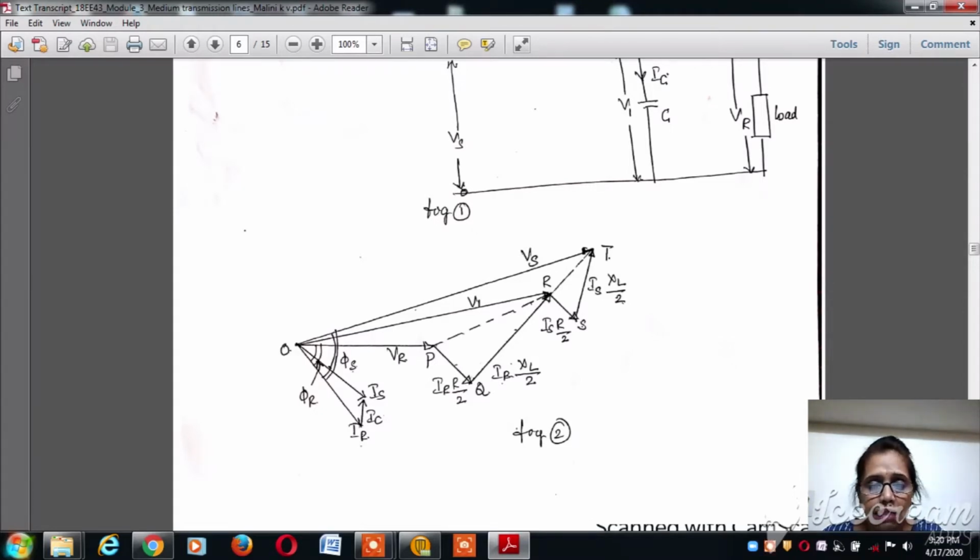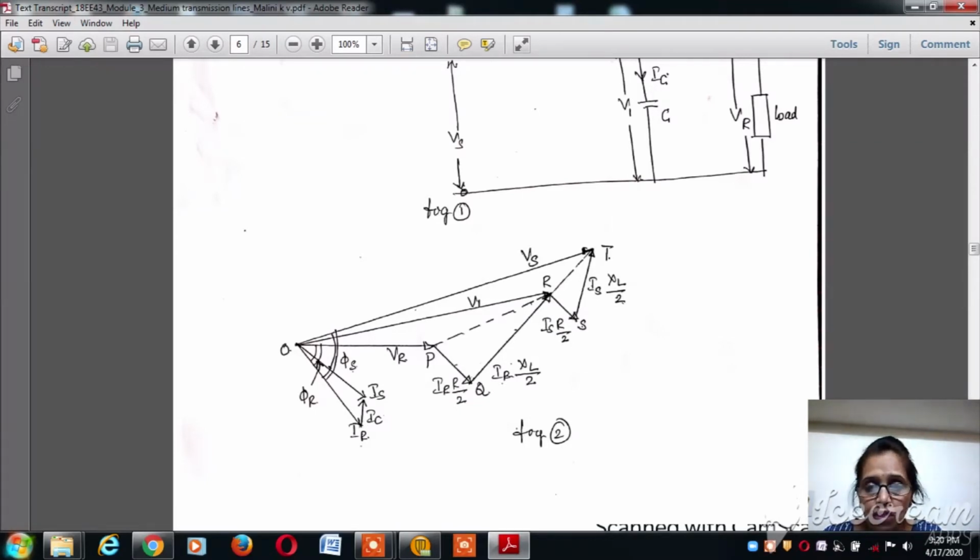Now let us consider the current IS flowing from the supply end. IS into R divided by 2 is the voltage drop across the half resistance on the supply side, and it is in phase with IS. IS into XL divided by 2 is 90 degrees out of phase from IS.